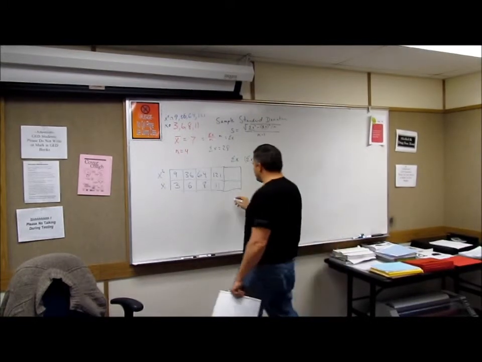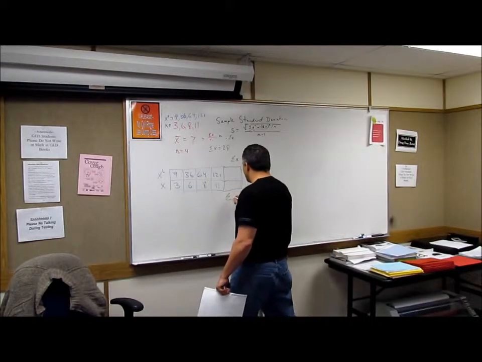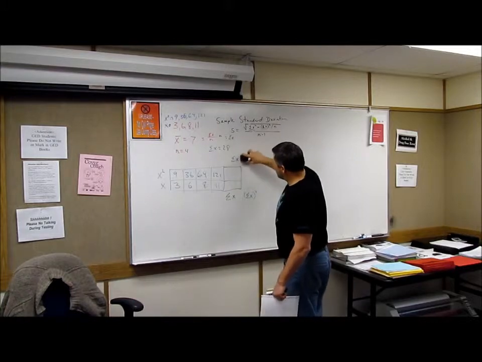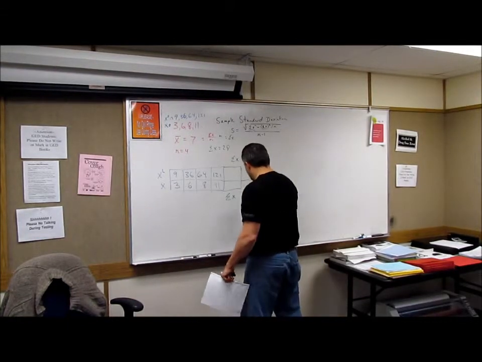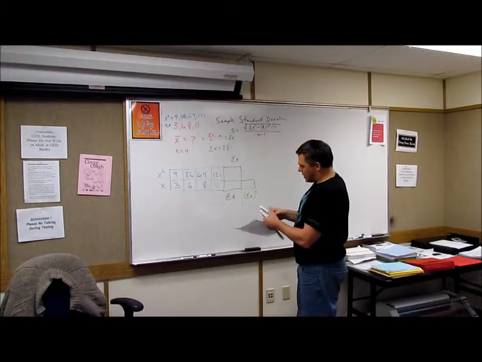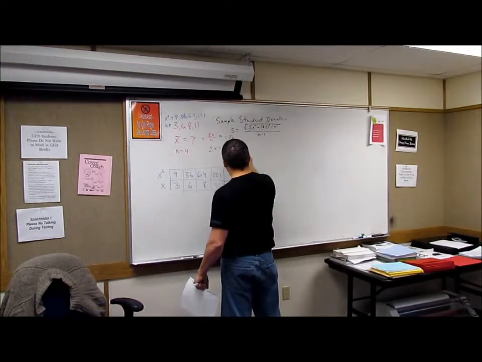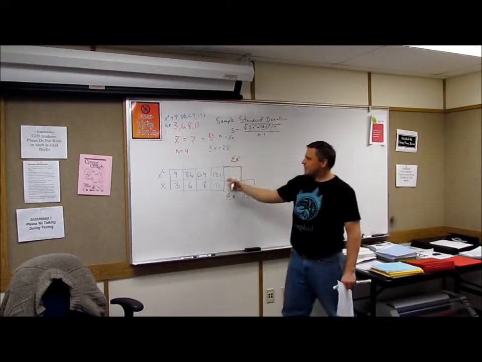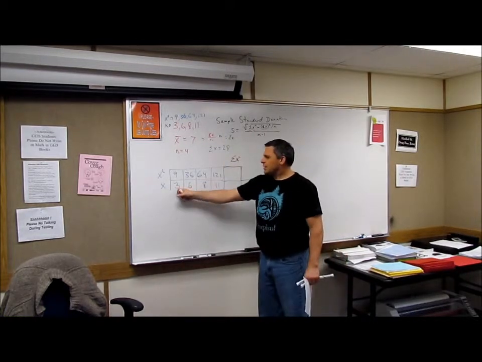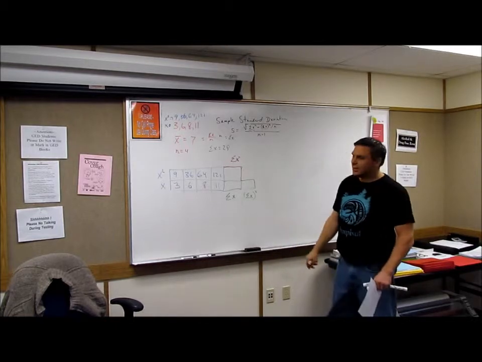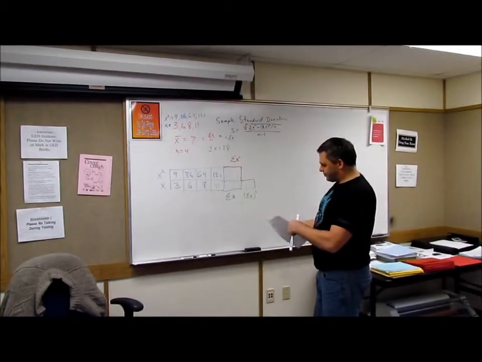And I'm going to write that down here: the sum of the x and the sum of the x's squared. And right here, I'm going to do this in red. It's going to be the sum of the x's squared, and the reason is because these are the squares. I just decided, okay, square it, square it, square it. So the sum of the x's squared, I can put right in here.